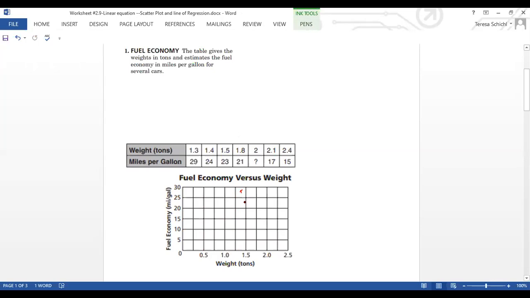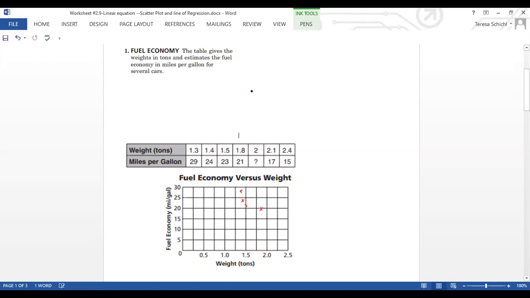Then 1.4, 24, such as in here. 1.5, 23, so something here, right? Then 1.8 will be in here, 1.8 is 21, so somewhere here.